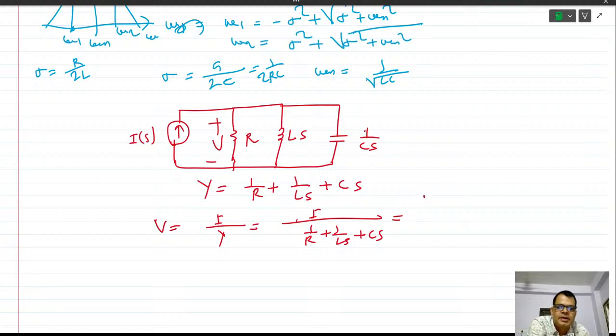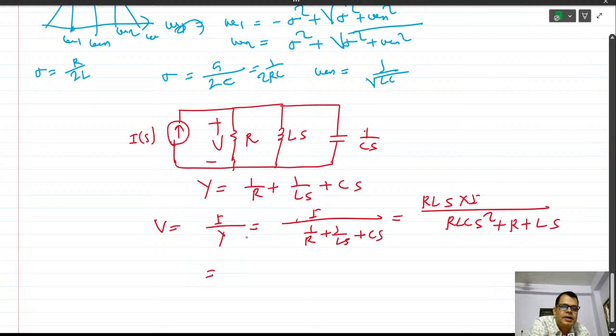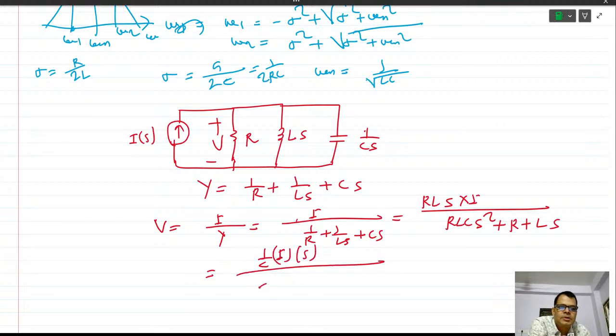So you can see here RLs into I, then RLCs square plus R plus Ls. So take out common RLC. So 1 upon C, I into s upon s square plus 1 upon RC into s plus 1 upon LC.